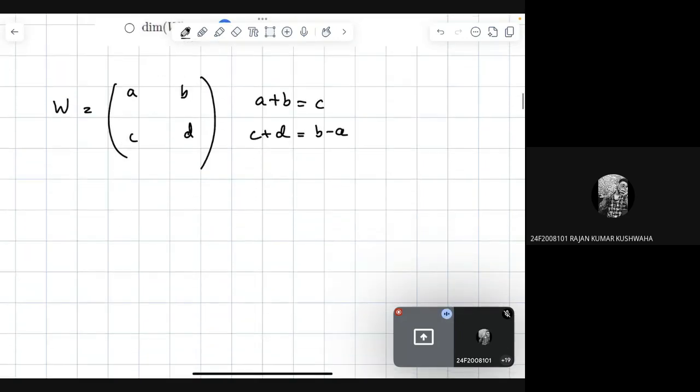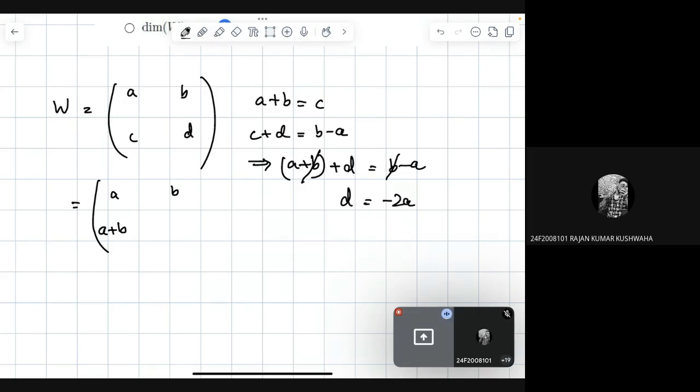right? So what does it mean? It means that A, B and C is A plus B, and what is D then? A plus B plus D is equal to B minus A. B gets cancelled, so D is minus 2A, and we put it here, right?